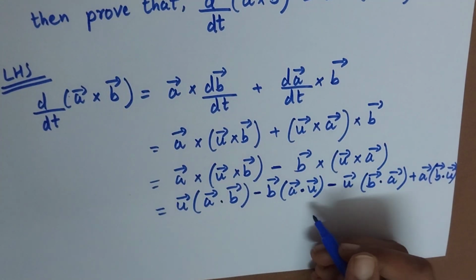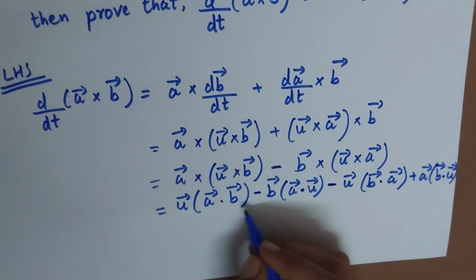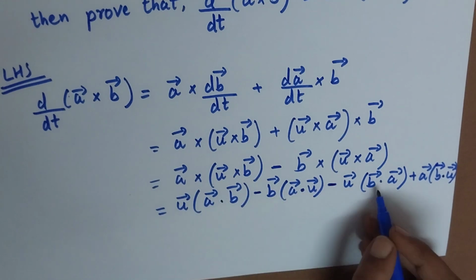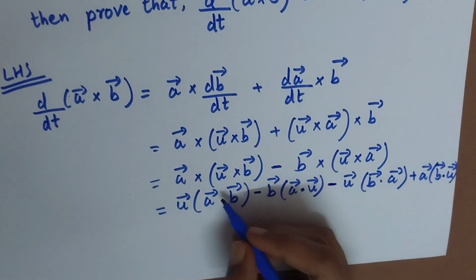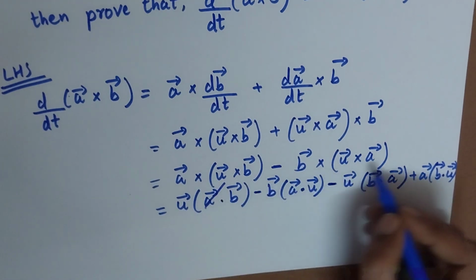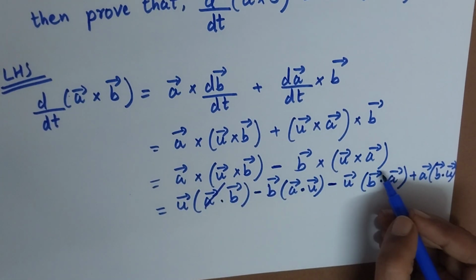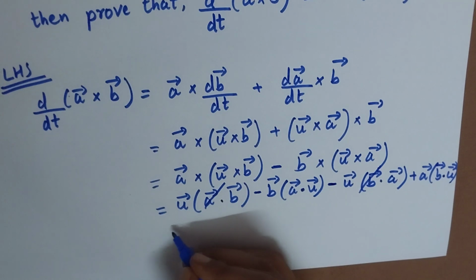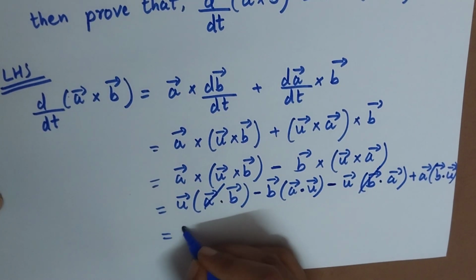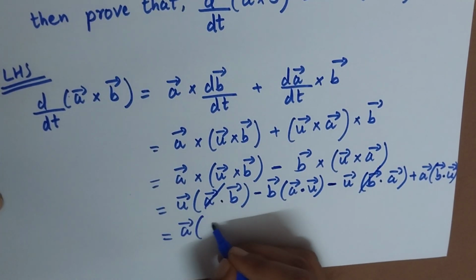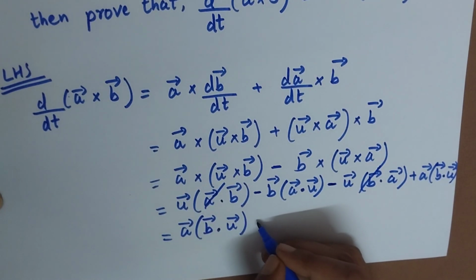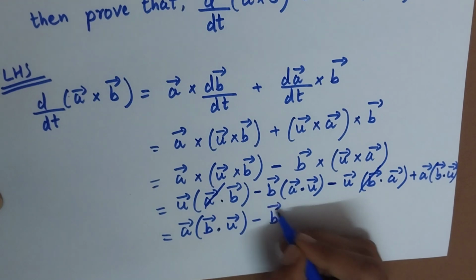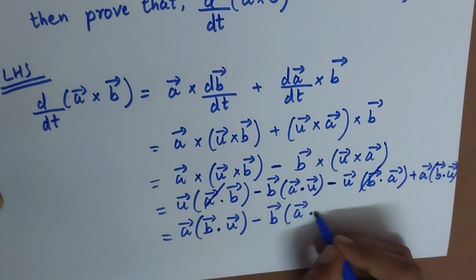Now we can cancel out the same terms. This term is the same as this term because a dot b is the same as b dot a, so we can cancel these two terms since they have opposite signs. The remaining terms are a times (b dot u) minus b times (a dot u).